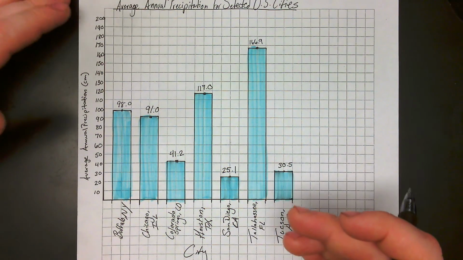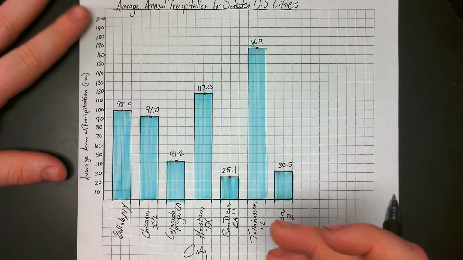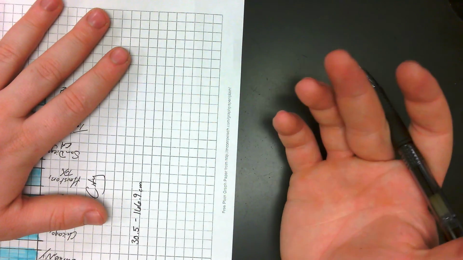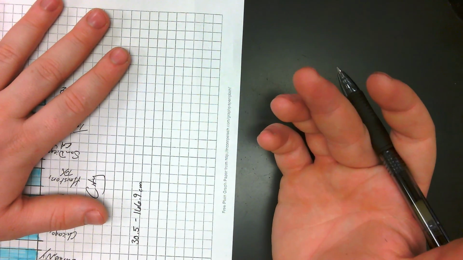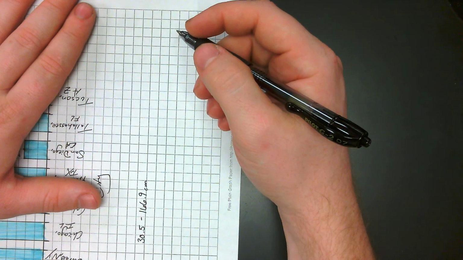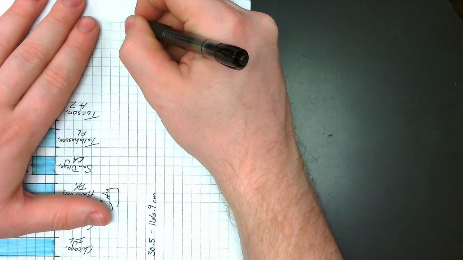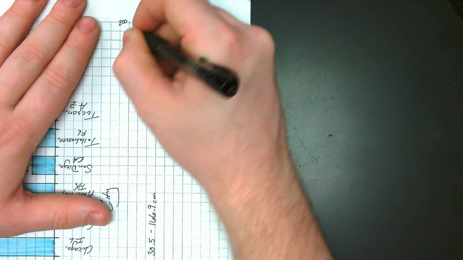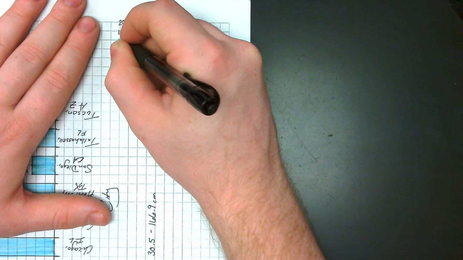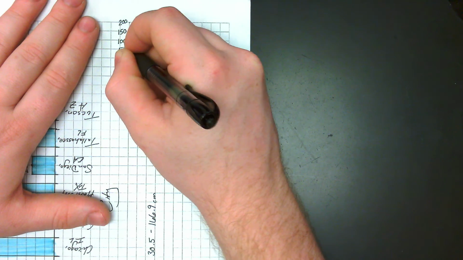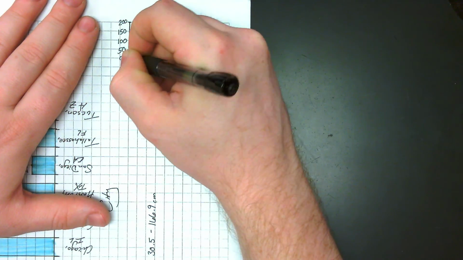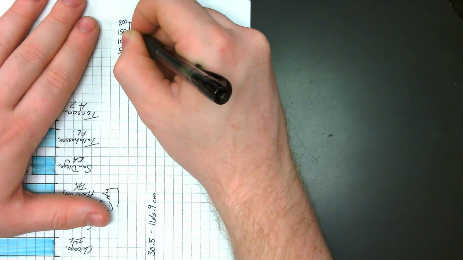So for instance, as an example, you wouldn't want to count by 50 on your y-axis. If each box was 50, and you still went to 200, here's 150, here's 100, here's 50, and then here's 0. If you would do that, you're just not really representing the differences between these all that much.